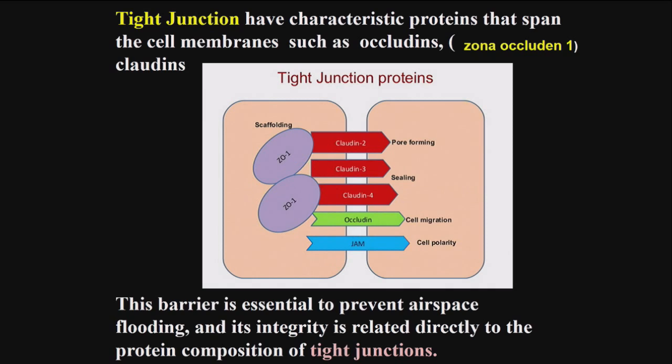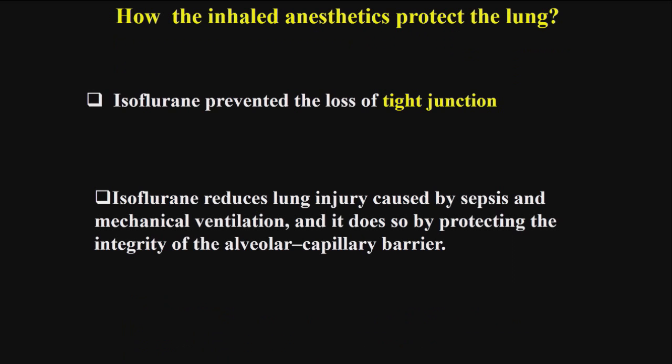And this is actually done by what you call occludin zone 1. Occludin zone 1 is the protein that tightly connects these two cells together. It appears that isoflurane or sevoflurane maintain this protein to keep the cells tight.